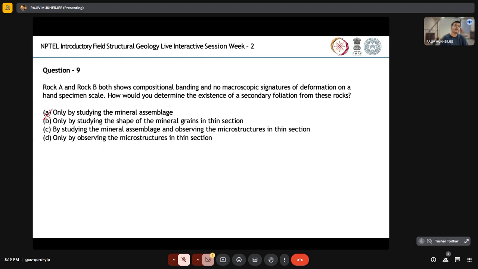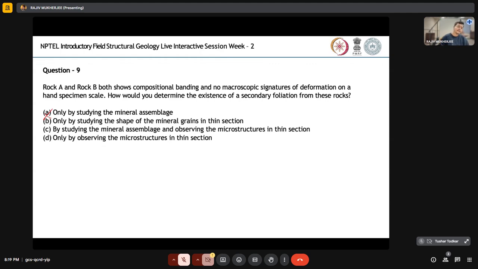So in following lectures, you would also learn about kinematic reference frames, XYZ coordinates along which the rock should be cut to get a proper thin section and to study the signatures of deformation. But for now, let us just focus on the fact that just observing the shape of the mineral grains is not a good idea, because it can be heavily biased by the orientation of the thin section as well.